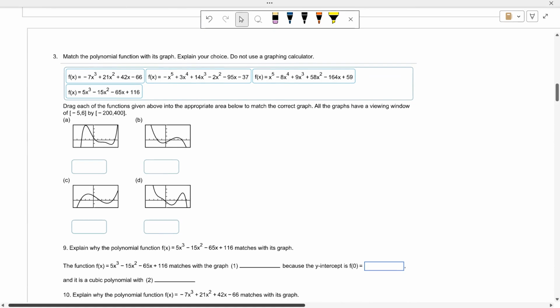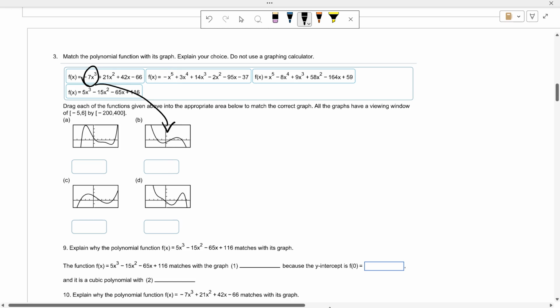Now the matching graphs is really easy if you understand end behavior. This first one, odd power, negative first term coefficient, so it's going to end down and it's going to start up. So this one goes to D. This one, odd power, going to go down. This one actually is this one because there's fewer humps in it.